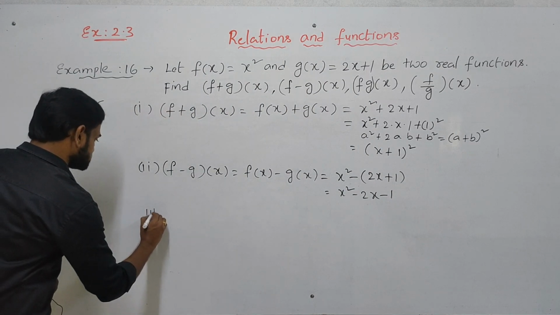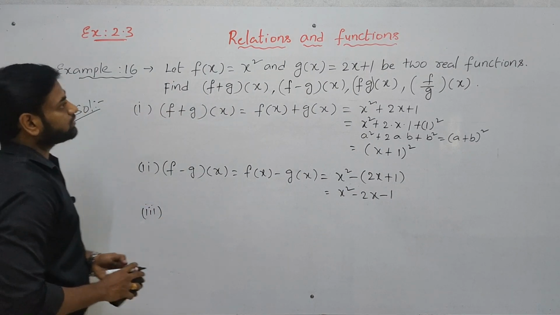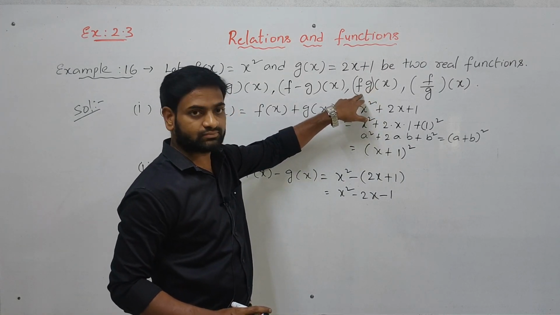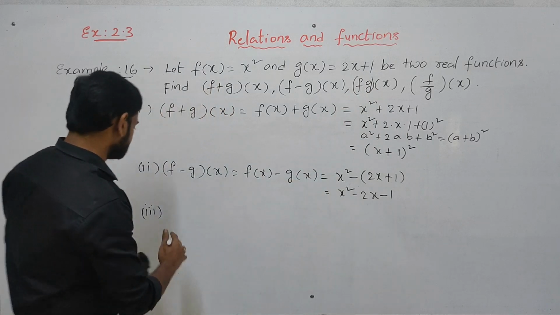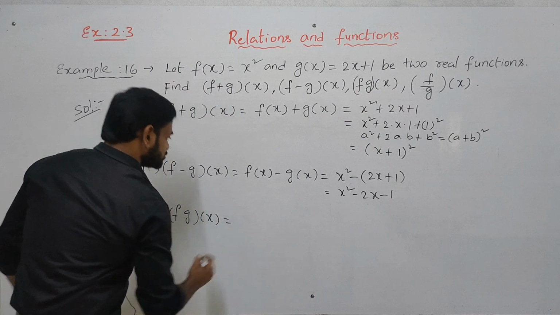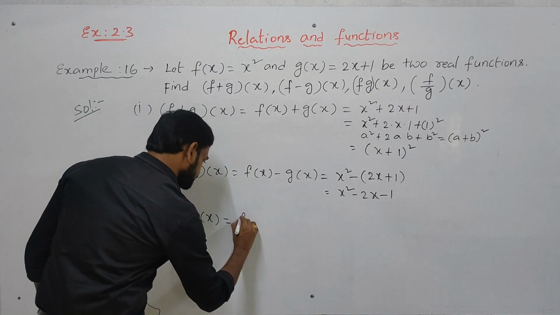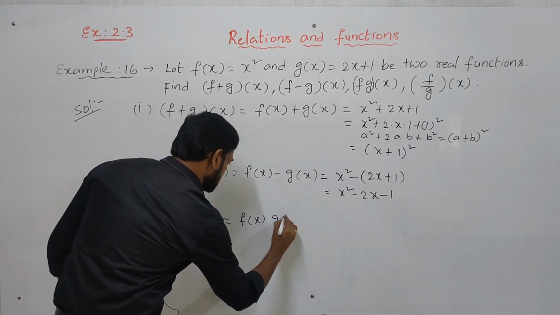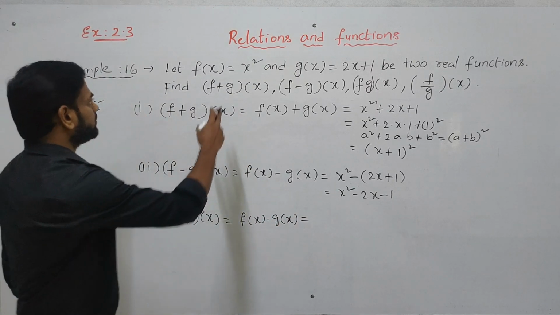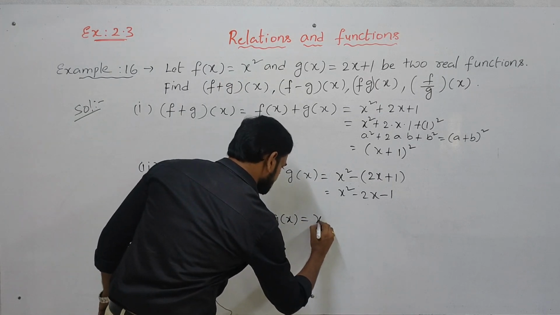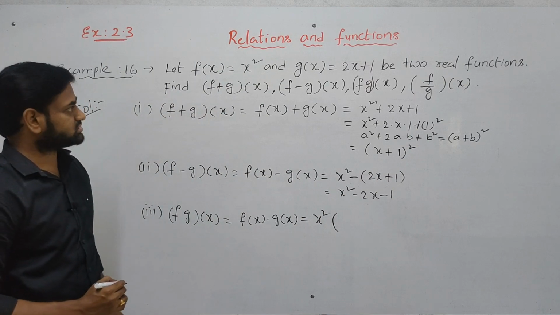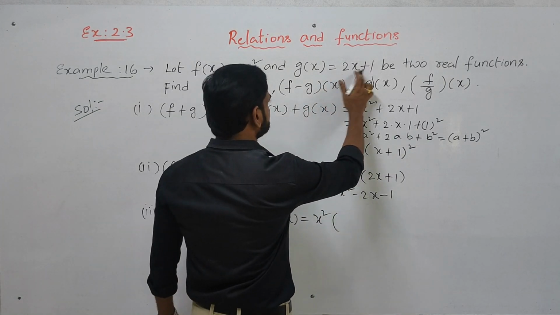Next, the third is f into g. It is a multiplication. f into g of x. The formula is f of x into g of x. f of x is x square into g of x, 2x plus 1.